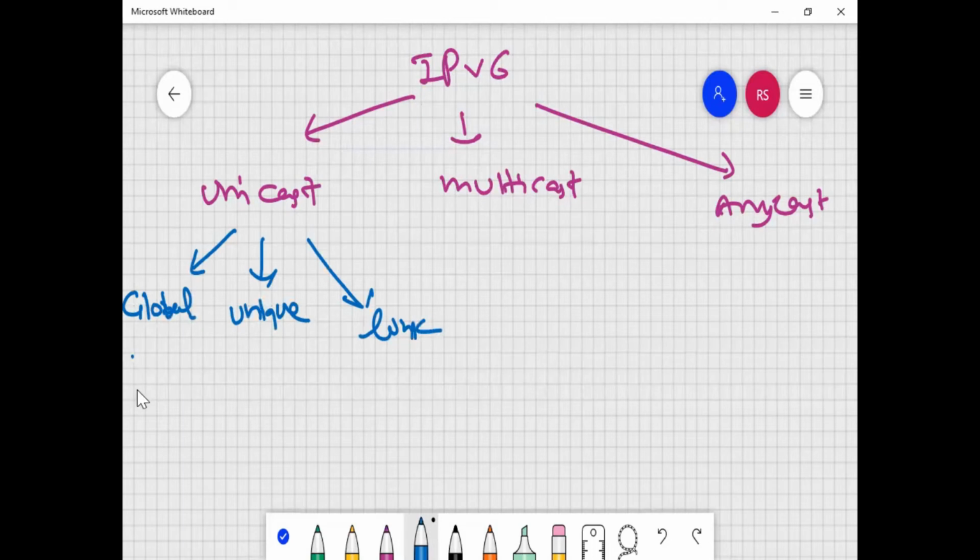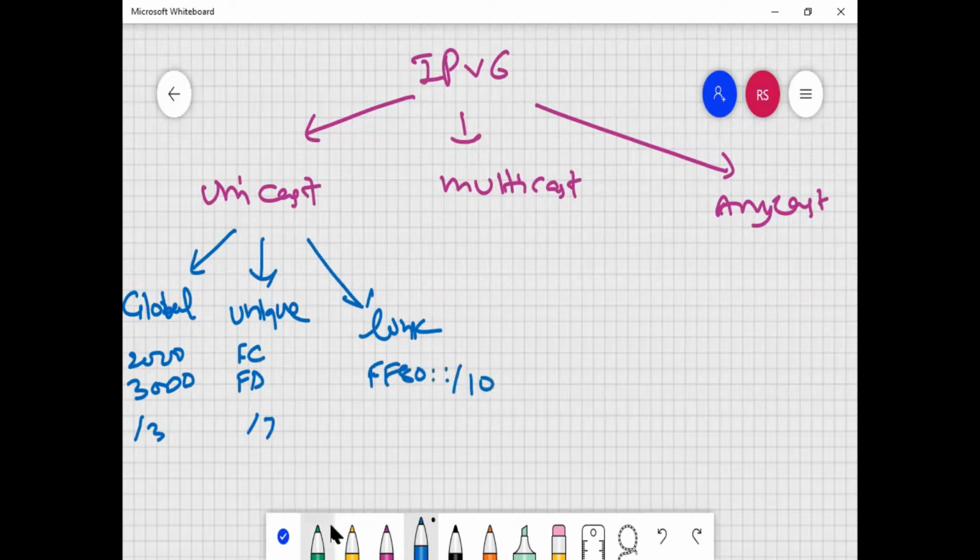Here I showed you that if it is coming between 2000 to 3000, it is your global, /3. Then if it is starting with FC or FD /7, it is your unique local, and link local we talked about. If it is starting with FE80 /10, link local.